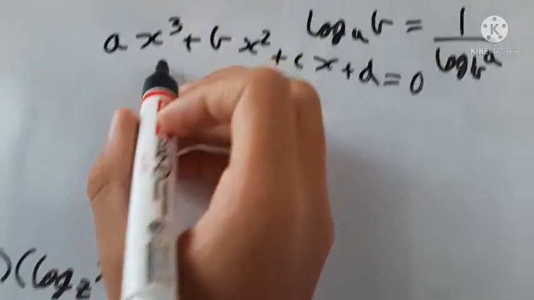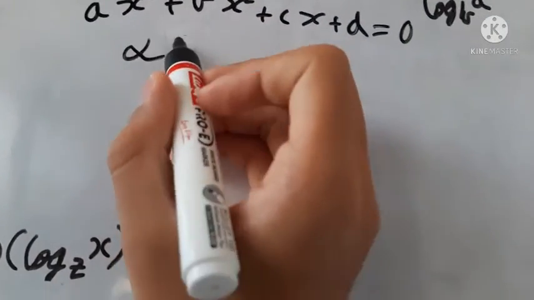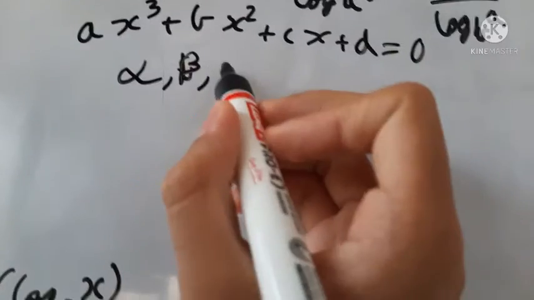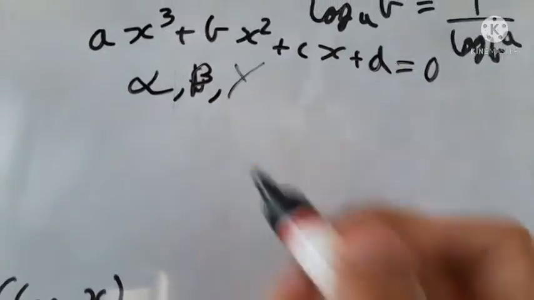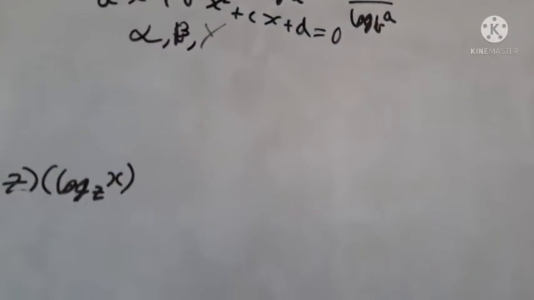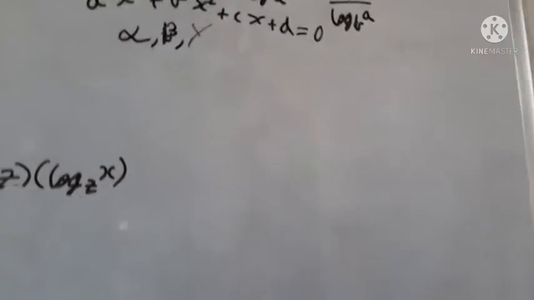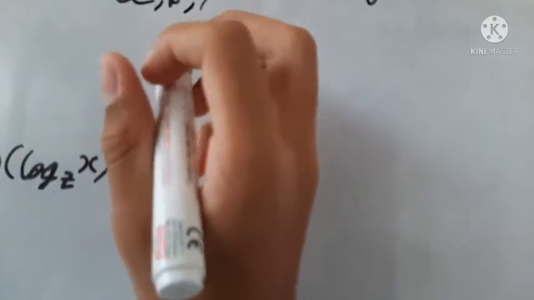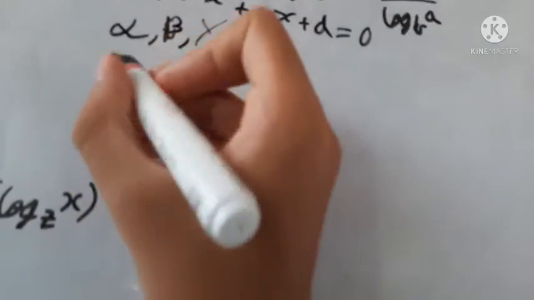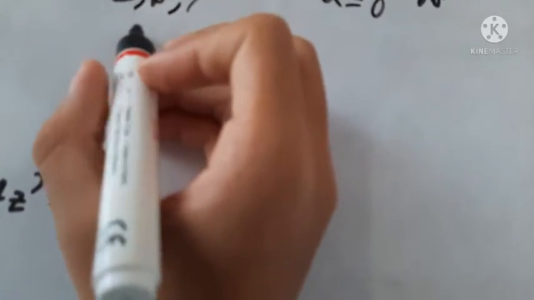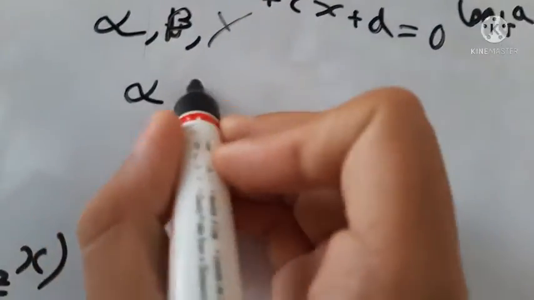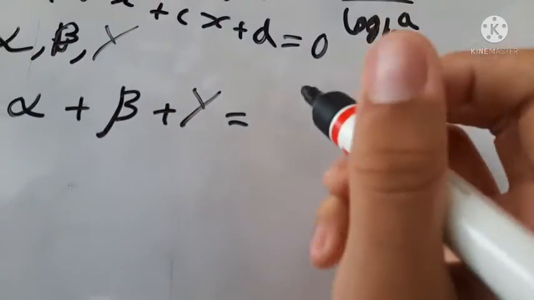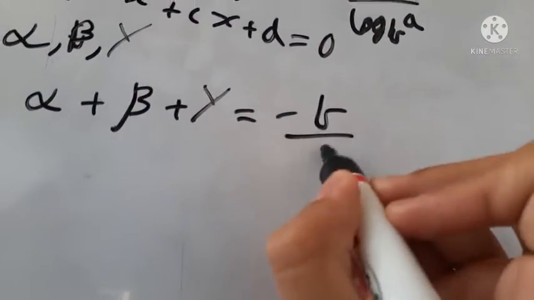With the roots, say alpha, beta and gamma, because of course cubic equations have 3 roots. With those roots, first the sum of the roots is minus b over a.